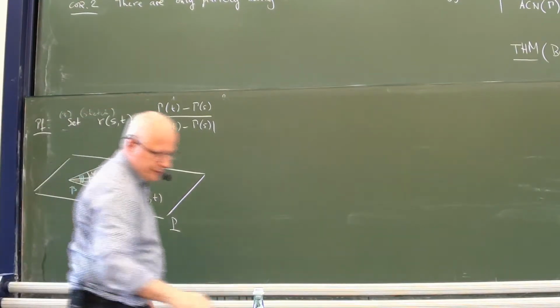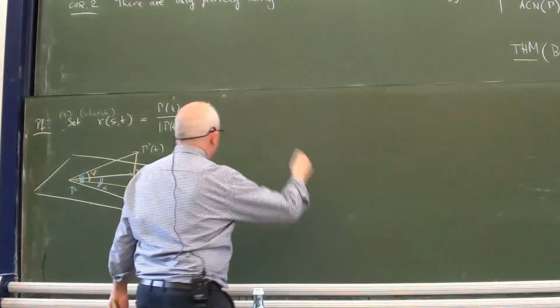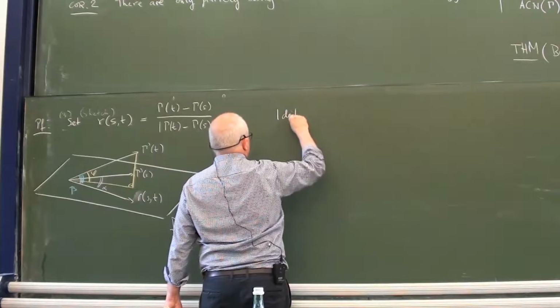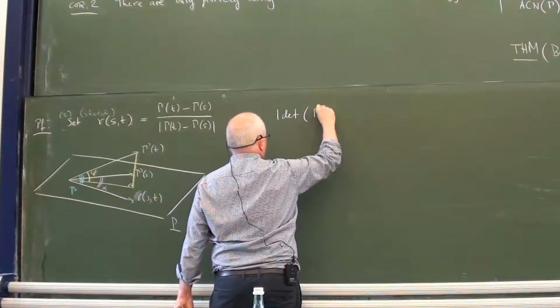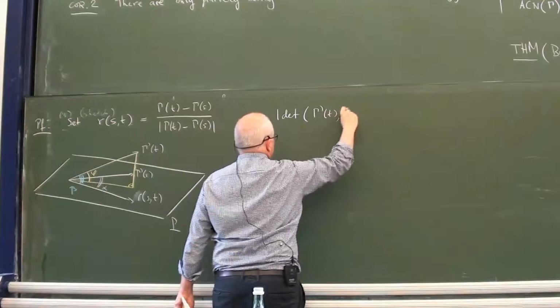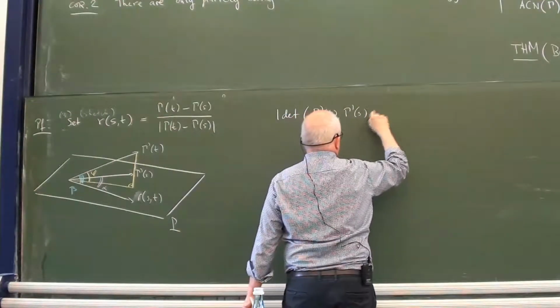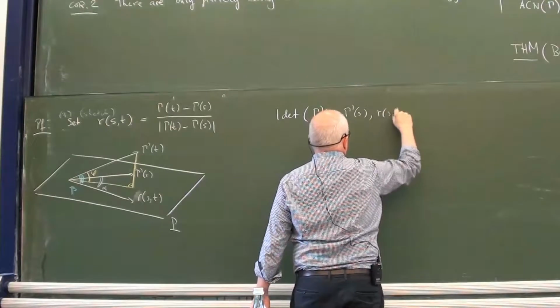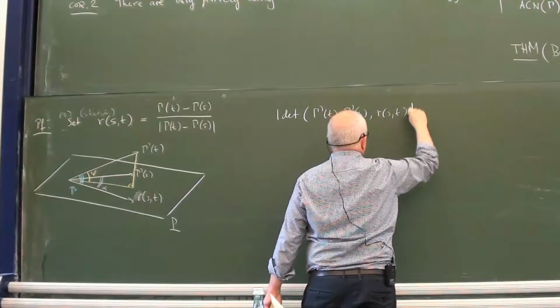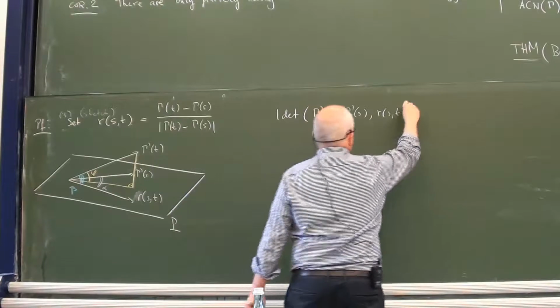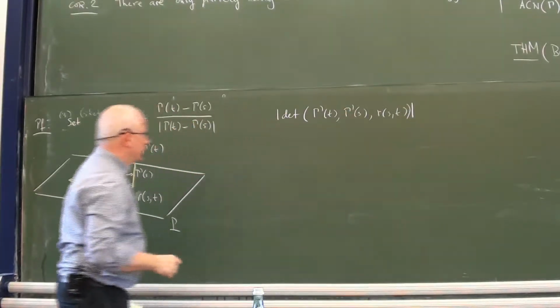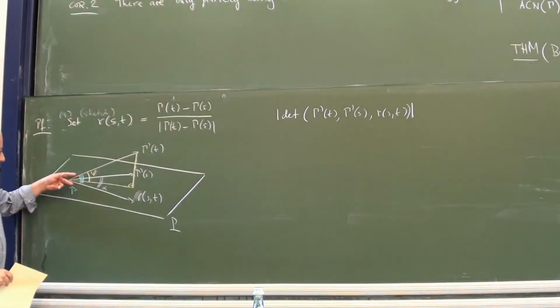So this determinant of gamma prime of t, gamma prime of s and R_ST, geometrically is the volume of the parallelepiped spanned by the three vectors.